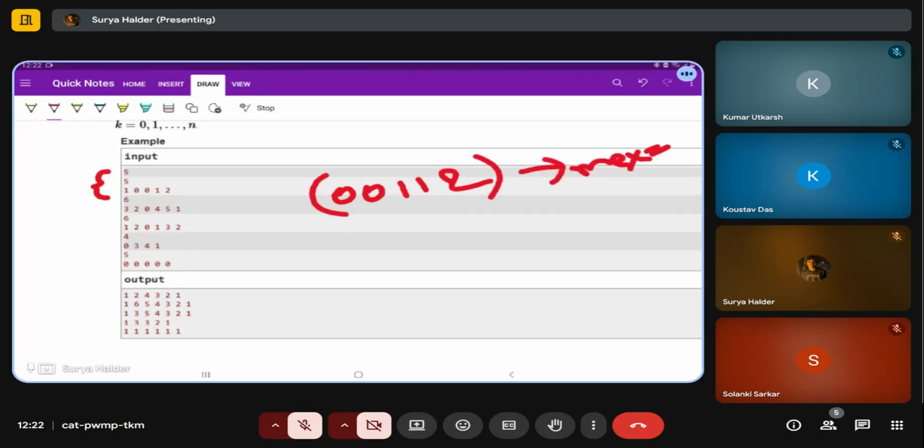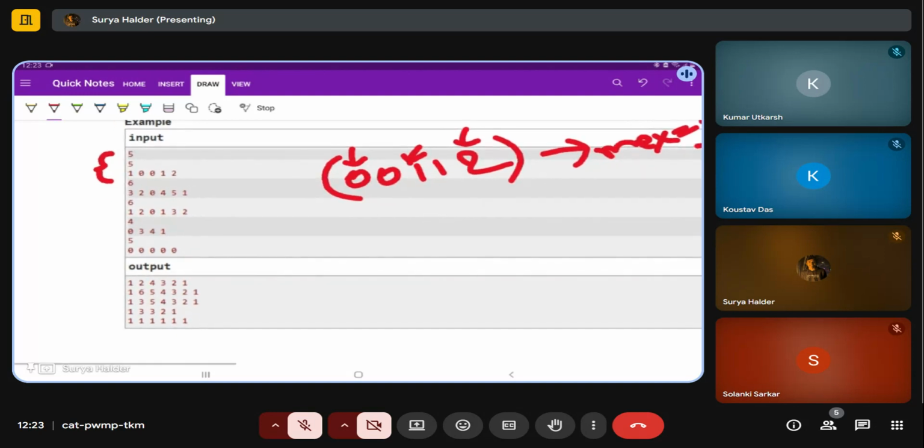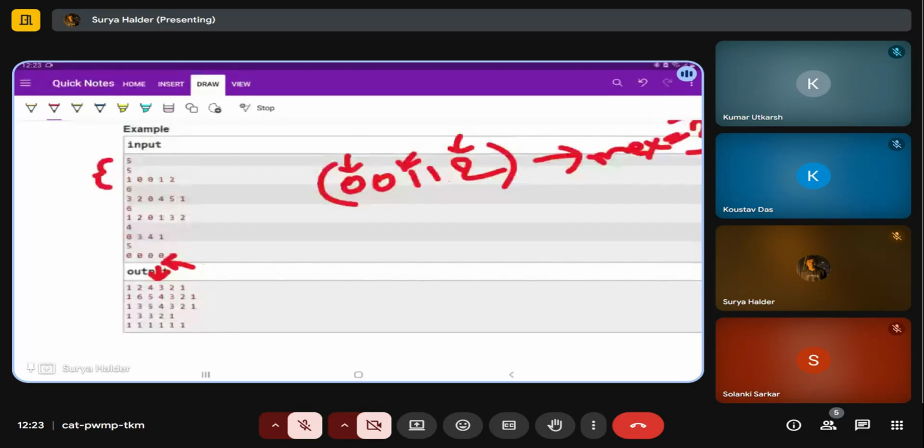It is 3, correct? Because 0 is present, 1 is present, 2 is present, but 3 is not present. That is why the mex is 3. So one thing I got is that from right to left, I am moving from 1 up to 3, because all the test cases here, from right to left, are going in increasing order.